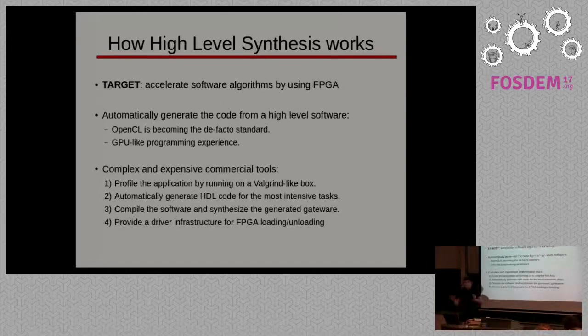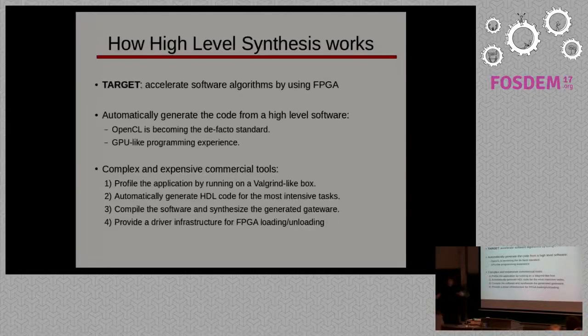So after these examples, let's focus on how high-level synthesis works. Well, the target is to accelerate software algorithms by using an FPGA. What does this mean? We want to automatically generate code from a high-level definition. For example, OpenCL, the language used in CUDA for NVIDIA and other hardware platforms for acceleration, is becoming the de facto standard for most of the FPGA vendors too, namely Xilinx or Intel, formerly Altera.